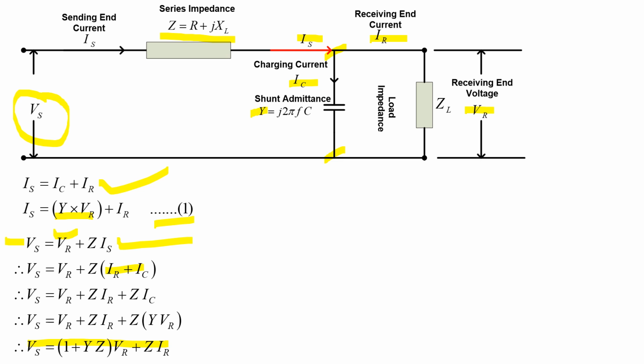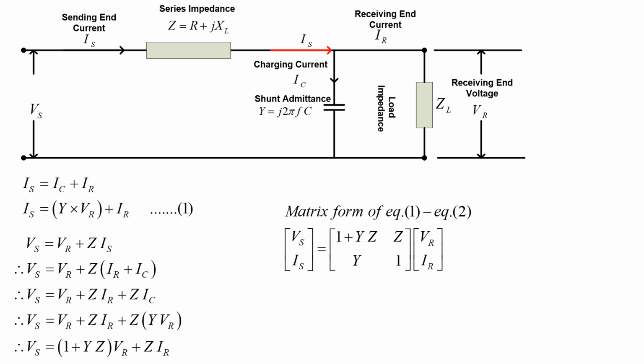So what we require, I already told that our objective is to find out the equations of the sending end voltage and the sending end current in terms of receiving end voltage and receiving end current. So we already got these two equations, and I can write this in matrix form. So Vs is equal to 1 plus yz, z, y, 1.